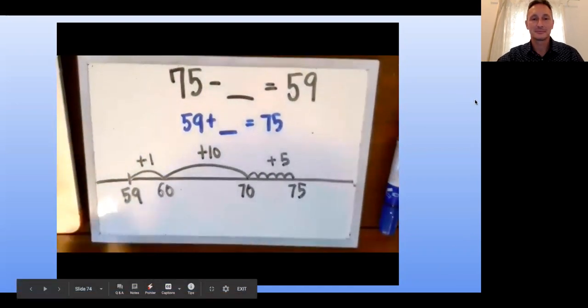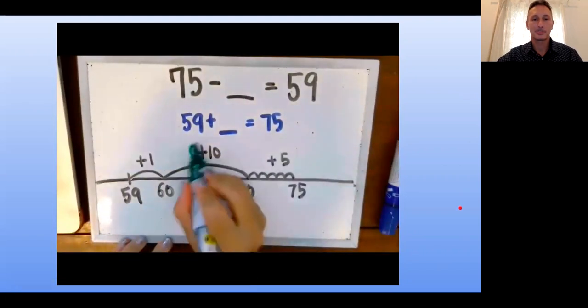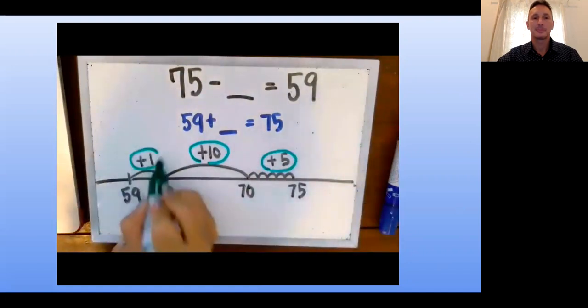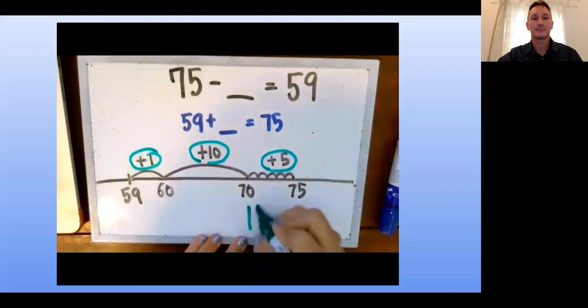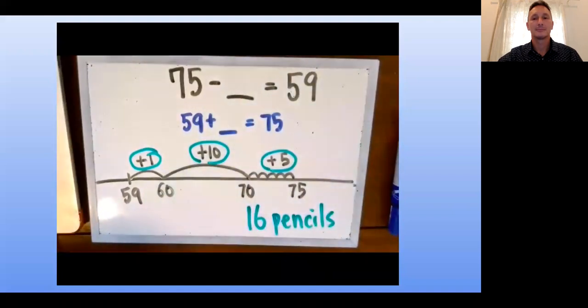And to figure out how many I counted on, I'm going to add my hops. 10 plus 5 is 15. 1 more, 16. I'm going to write my answer with my unit. 16 pencils.